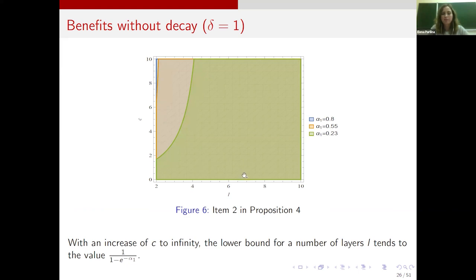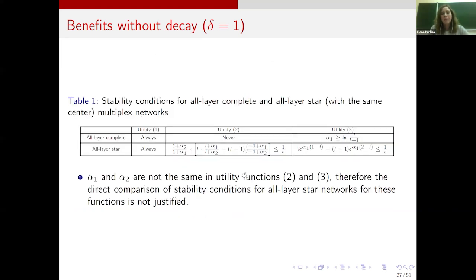So we see here. And we summarize in a table for the all-layer complete and all-layer star network with 3 utility functions, the results to compare these functions. So for utility 1, these 2 network structures are always stable. With utility 2, all-layer complete is never stable, but it may be stable with utility 3.